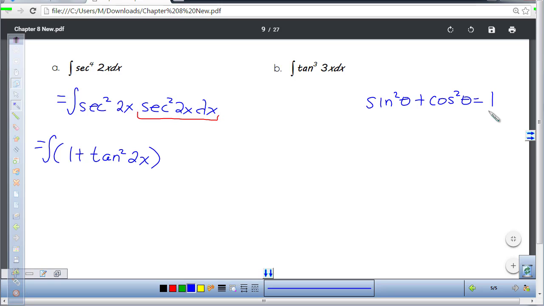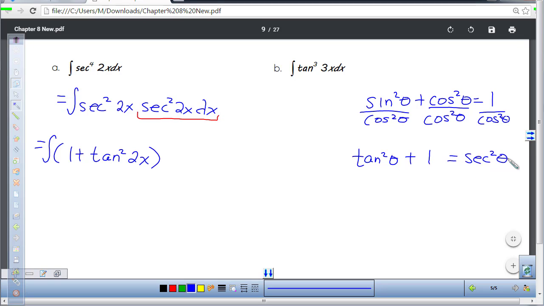If I'm trying to get tangent, I divide through by cosine squared theta, and we get tangent squared theta plus 1 equals secant squared theta. The only one I remember in the middle of the night is this first one, but I can get to the other two by dividing. I'm saying all that because I will not give those formulas to you on the test, so make sure you know that.